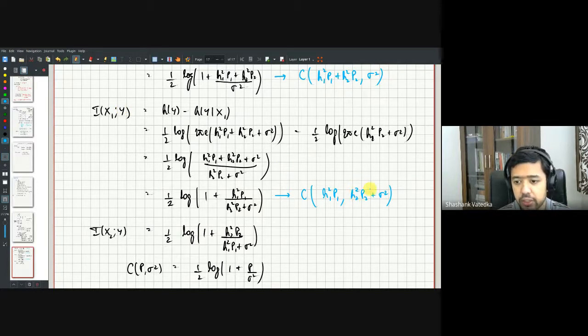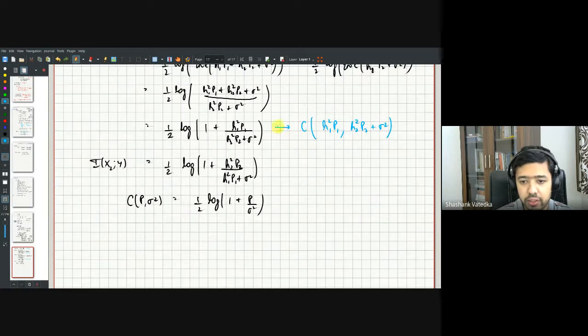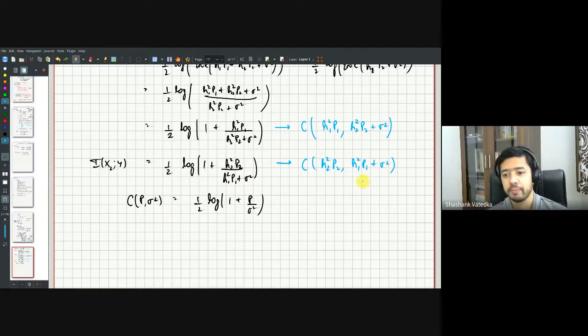That is why the effective noise variance is h2 square p2 plus sigma square. And similarly here, the mutual information between x2 and y turns out to be C of h2 square p2, but the effective noise variance is h1 square p1 plus sigma square.